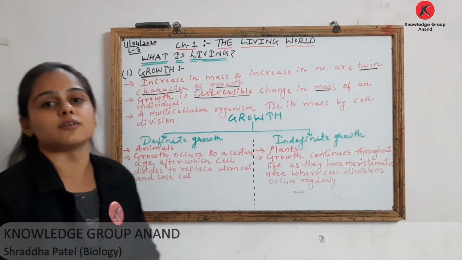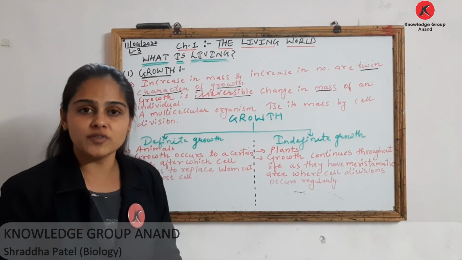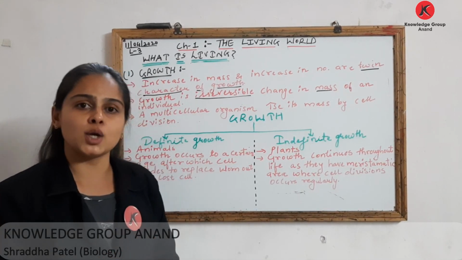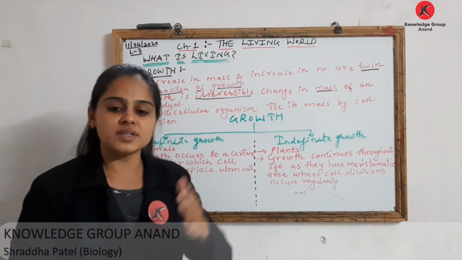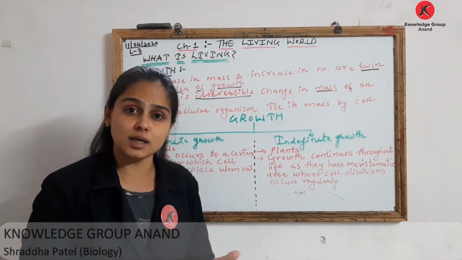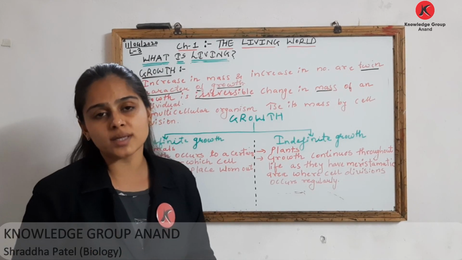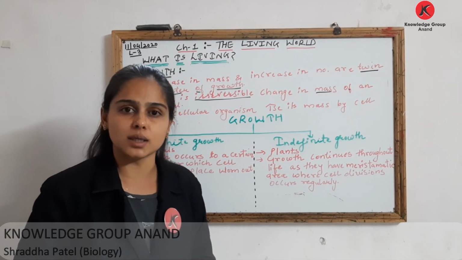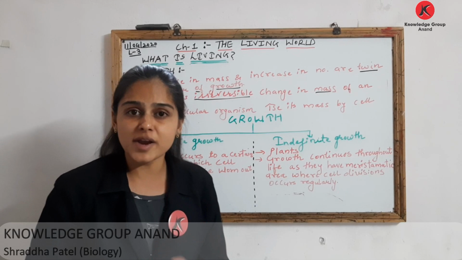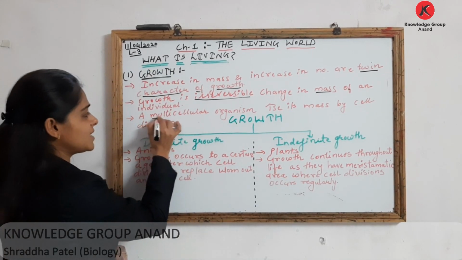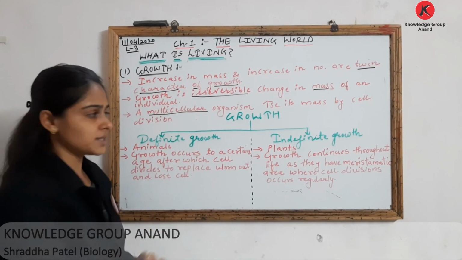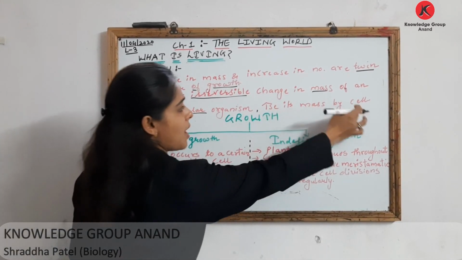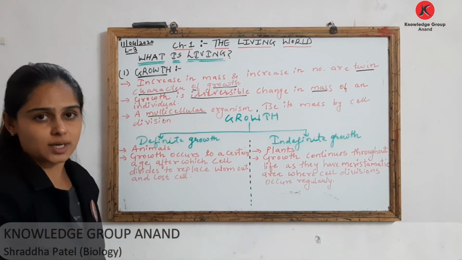Okay, now we very well know that organisms, depending on the number of cells, are classified into two categories. Those having a single cell are termed unicellular organisms. More than one cell are termed multicellular organisms. So if we are talking about multicellular organisms, they increase their mass by cell division.